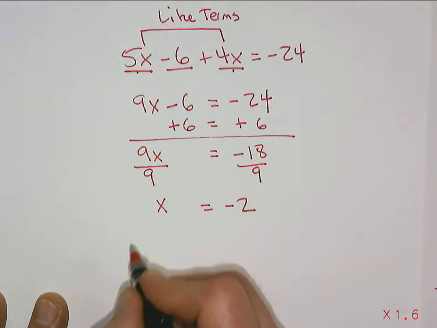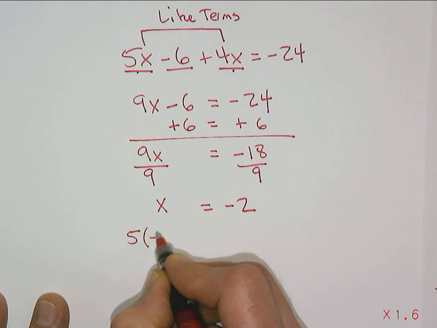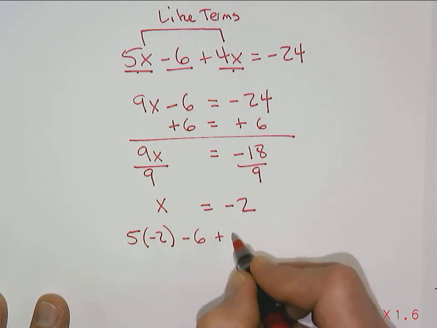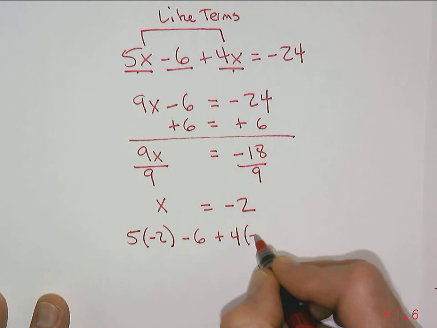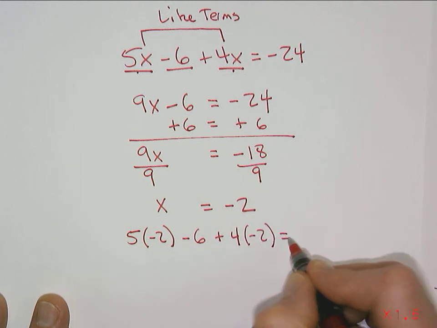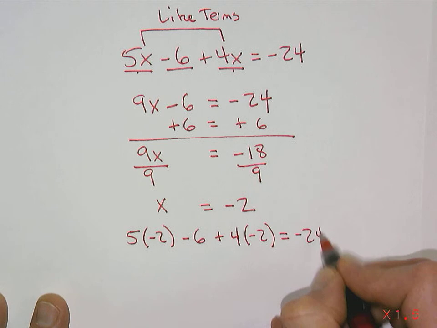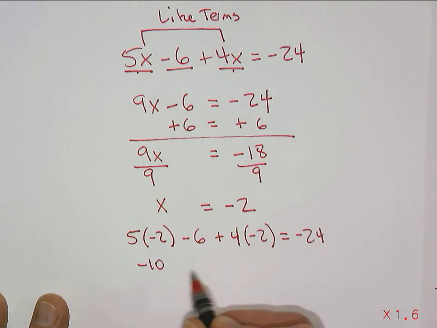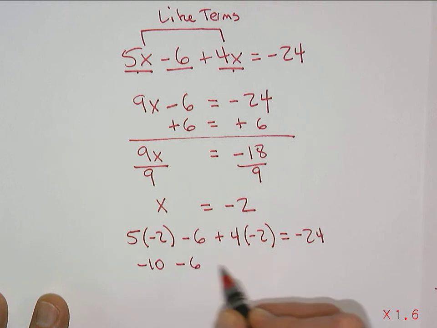And really checking your answer is never a bad idea, so I'm going to do that just to make sure that that negative 2 works for x in all of those places. So I have 5 times negative 2 is negative 10 minus 6, or plus a negative 6.